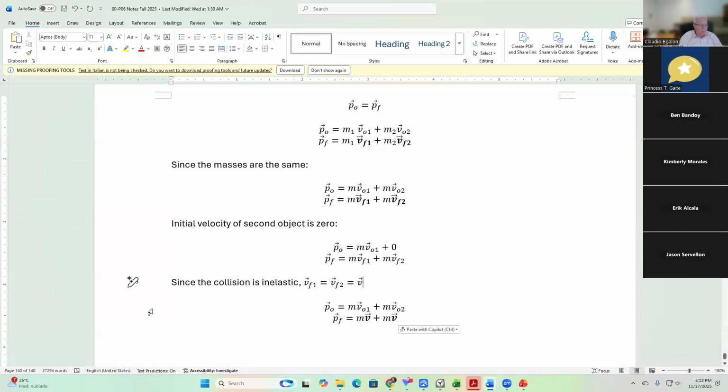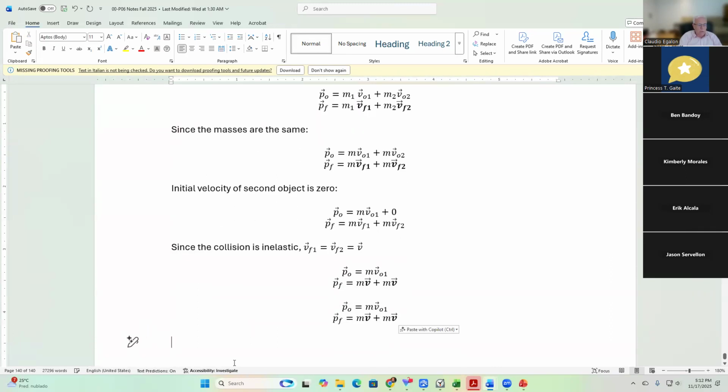We go another step. Initial velocity of 2 is 0, so we can go another step. Two vectorial equations, and now we have just 1 unknown, which is the final velocity.